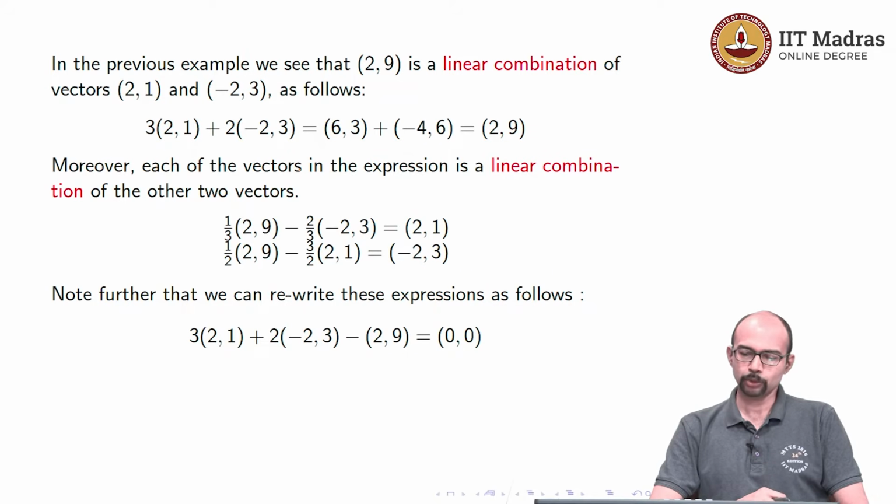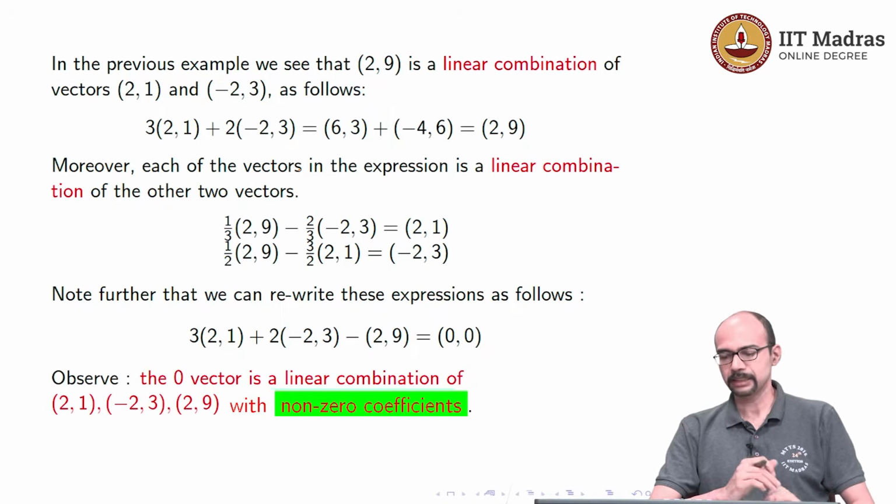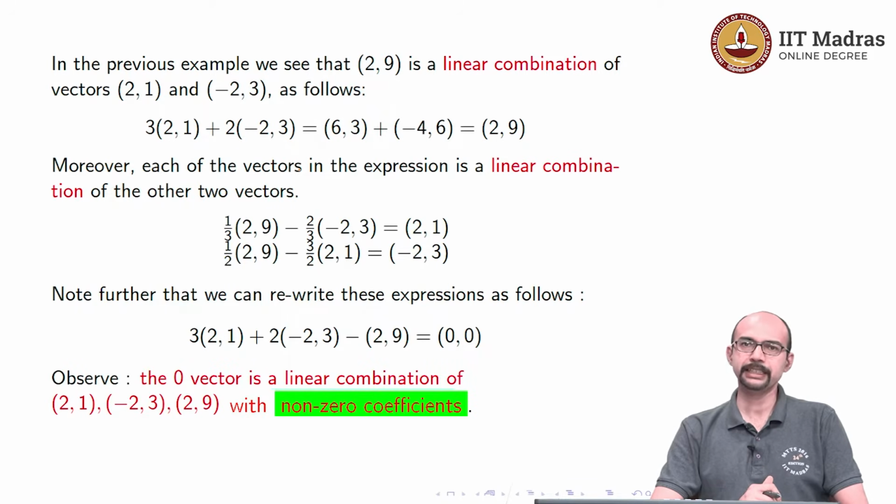So that's 3 times (2, 1) plus 2 times (-2, 3) minus (2, 9) is (0, 0). So again, what do we observe? The 0 vector is a linear combination of (2, 1), (-2, 3) and (2, 9) with non-zero coefficients.